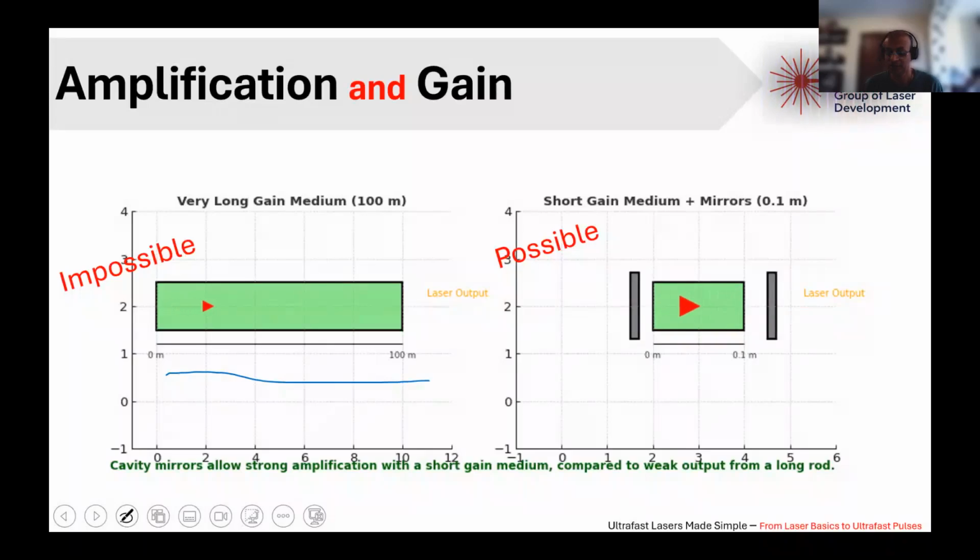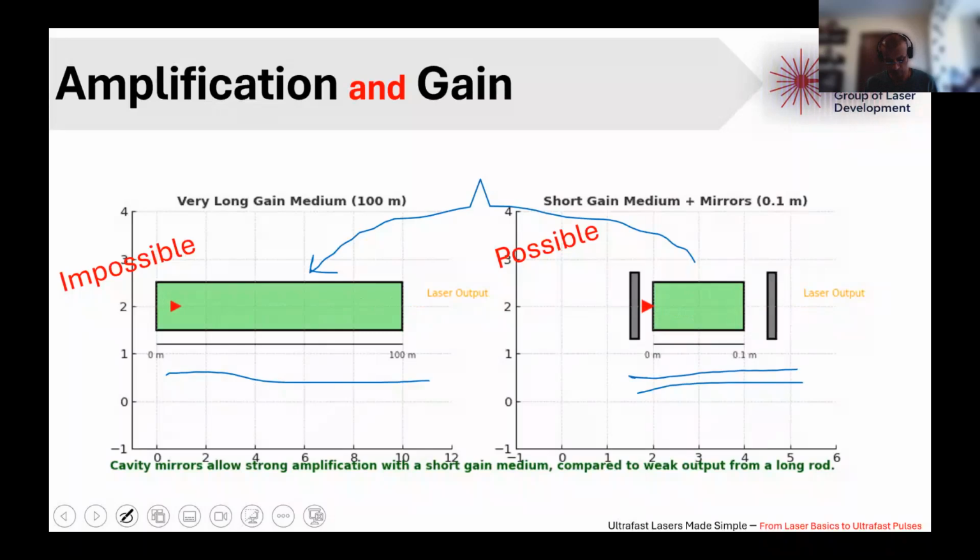If we use the mirrors here, we can have a very small length of the gain medium or laser material, but it will produce the same effect that the longer one would. With the mirrors, the light moves to and fro, something like this. So this is the importance of the cavity mirrors.